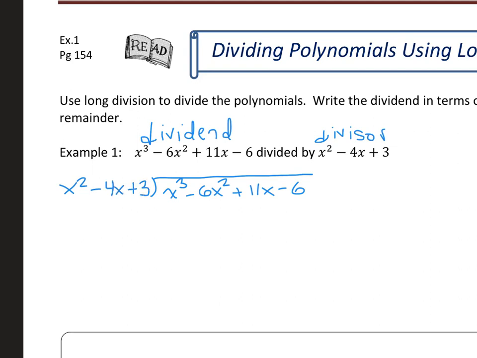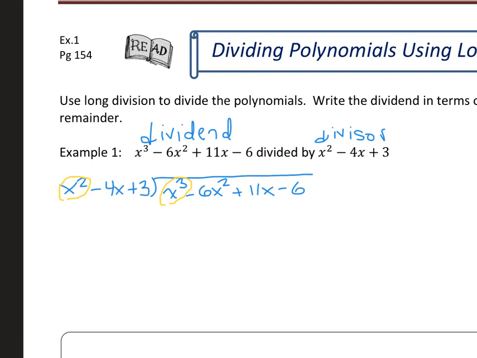Okay, so the first thing that we are trying to look at here, maybe I'm going to put it in yellow. I'm going to look at this first term in here. Think of it as a place value, x cubed. And I'm only going to look at this first term in the divisor, x squared. So I'm going to ask myself, how many times does x squared go into x cubed? In other words, what is x cubed divided by x squared?